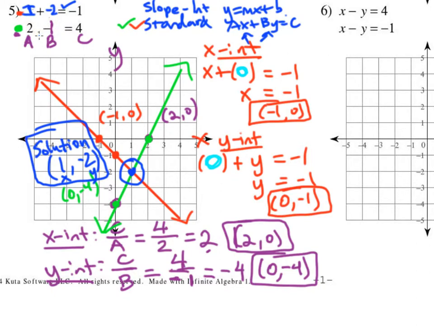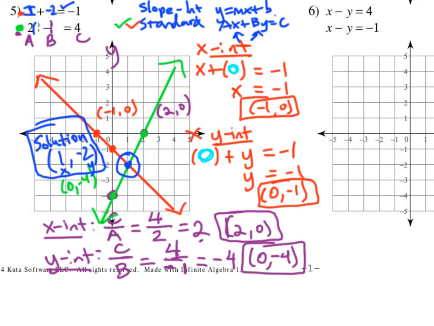All right, so x is 1, we think, and y is negative 2. Keep switching on me. So 2 times 1 is 2.